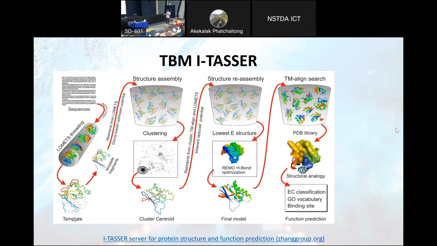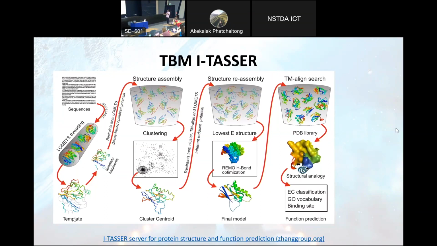Once you get the templates, you start threading them in. And you put in whatever you can. So you will have some part of the protein where you can fit the different fragments. And then you start combining the fragments and see how, once you have completed the model, they are distributed.